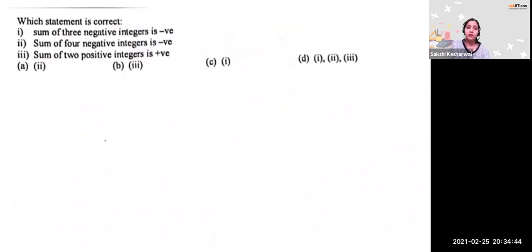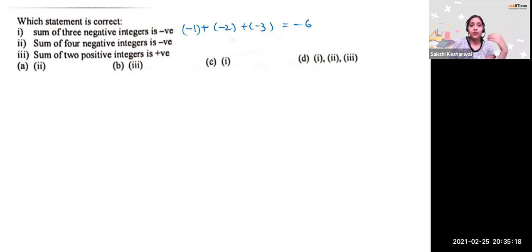Now, which statement is correct? The sum of 3 negative integers is negative. The sum of 4 negative integers is negative. The sum of positive integers is positive. See, I'll give you an example. The sum of 3 negative integers, if you add minus 1 plus of minus 2 plus of minus 3, you're adding all the 3 negative integers, the answer is minus 6.